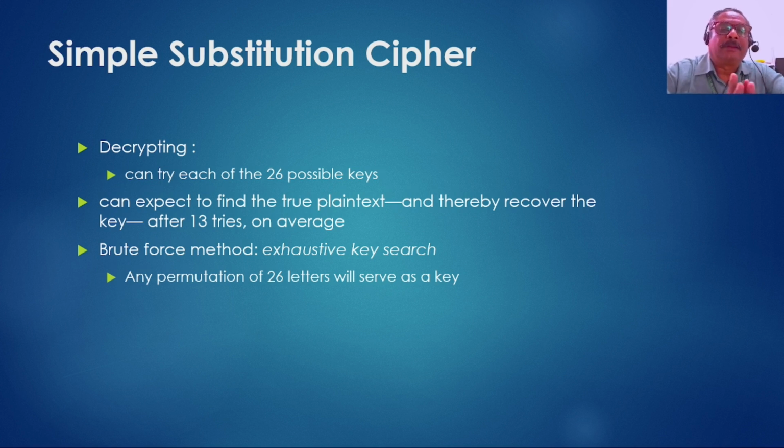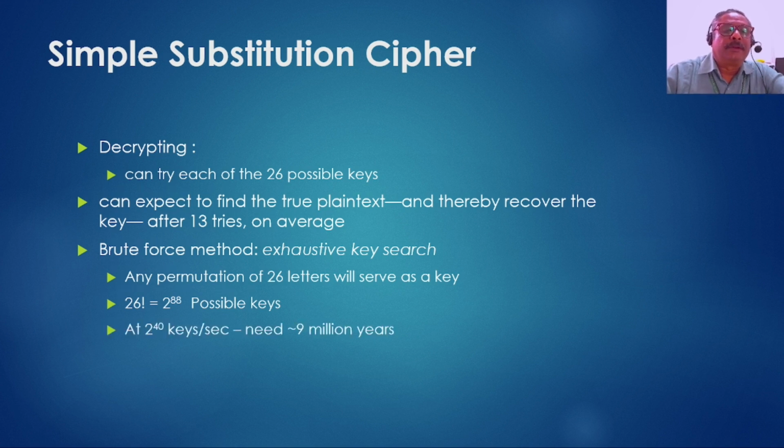That's another way. It's not necessary that I just shift by value n. So you can check any permutation of 26 letters. That makes 26 factorial, that is 2 to the power 88 possible keys, and that makes it too difficult to decipher what we have used.